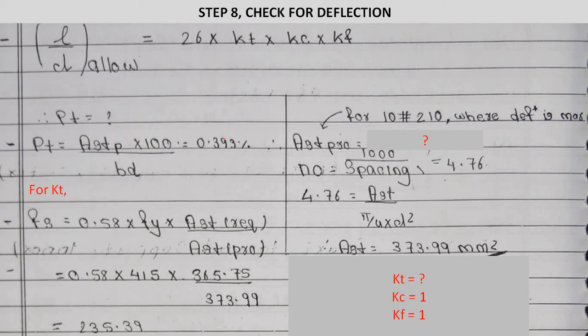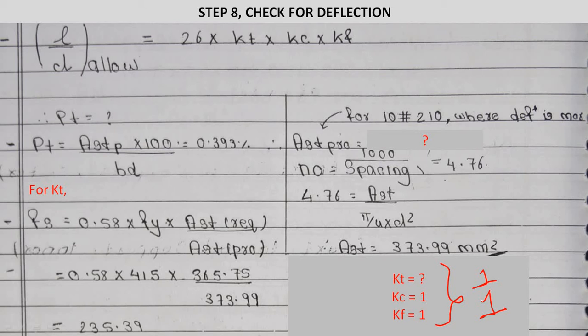So the allowable deflection we will find as L by D allowable is equal to 26, which comes from the IS 456, and it is continuous. So it will be 26 into KT, KC, KF. The value of KT is unknown, so the value of KC will always remain 1 and KF will always remain 1 only.